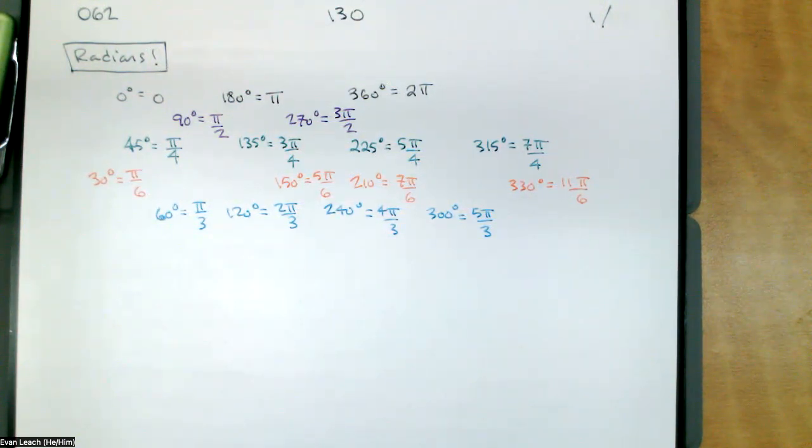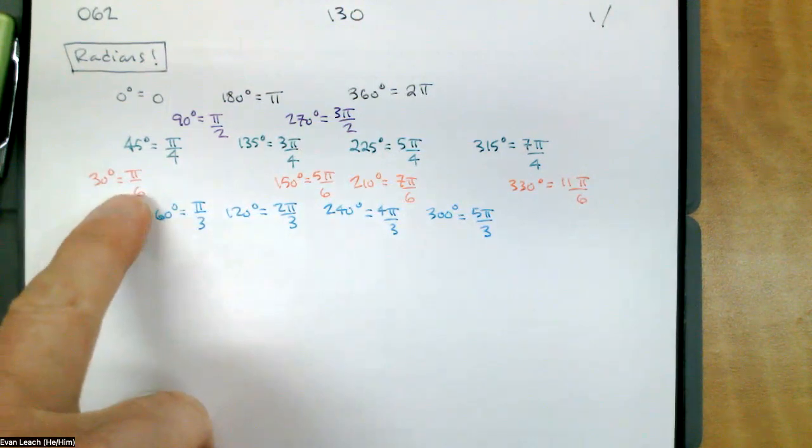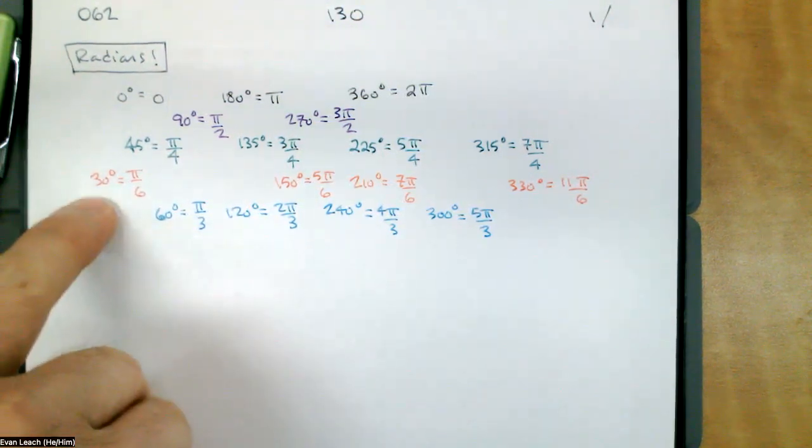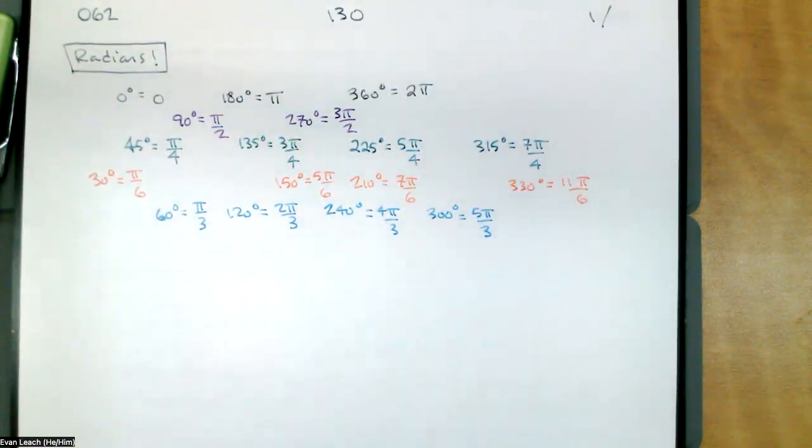So like that, we have 4 pi over 6. 4 pi over 6 is just 2 pi over 3. 4 times 30 is 120. So it all fits together. There's a 30, 45, and 60 in quadrant 1, 2, 3, and 4.